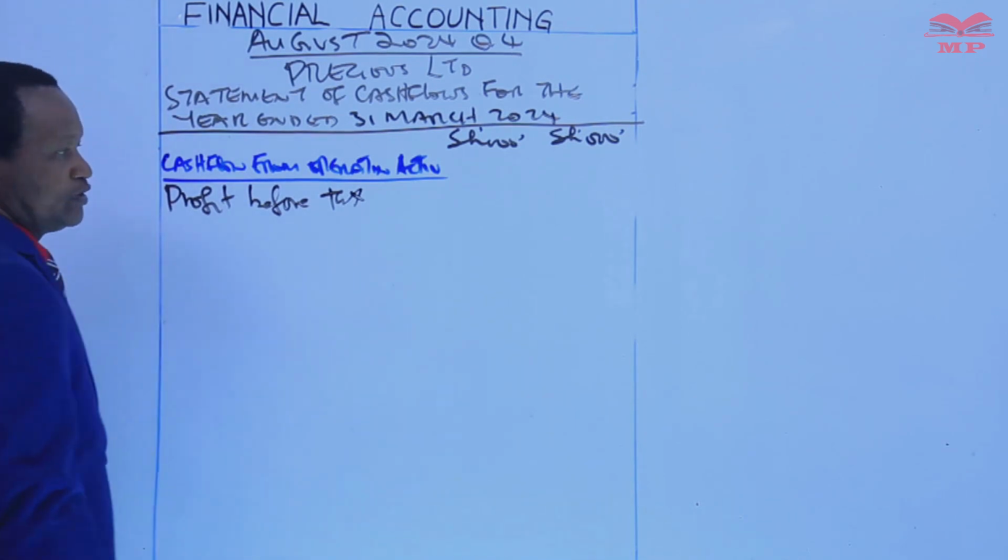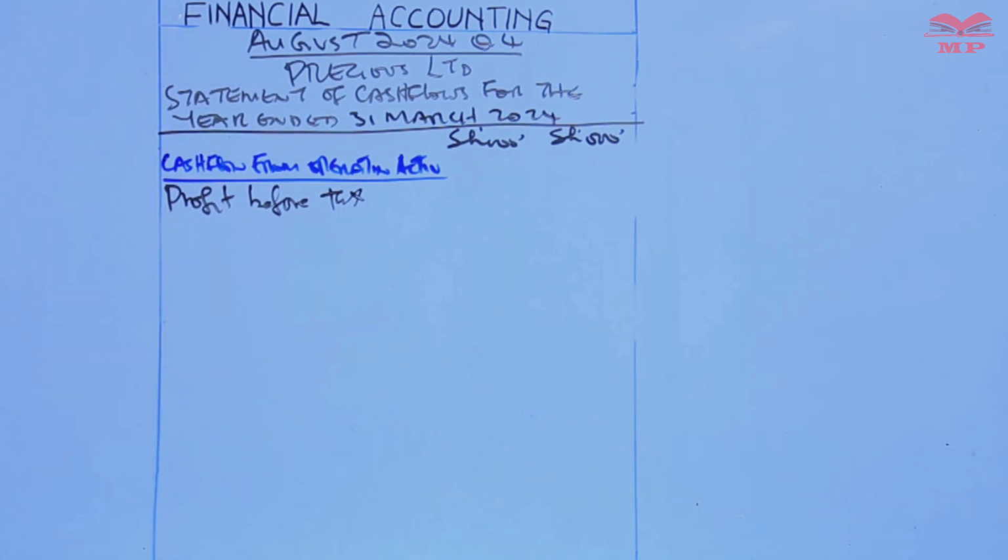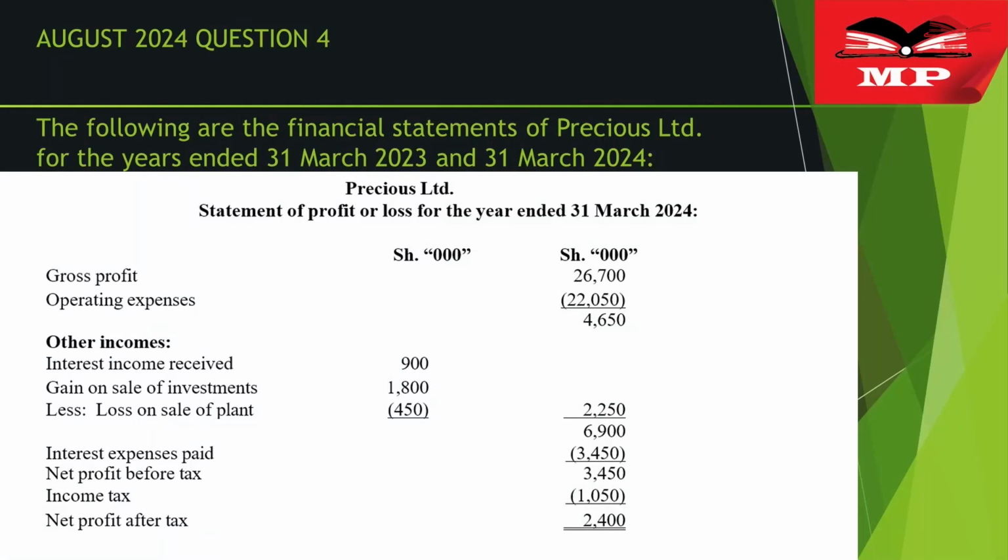What is the profit before tax? In the first statement, the net profit before tax is 3 million. Can you see that? You have to begin with the profit before tax, then we make the adjustments. Profit before tax is 3,450,000.